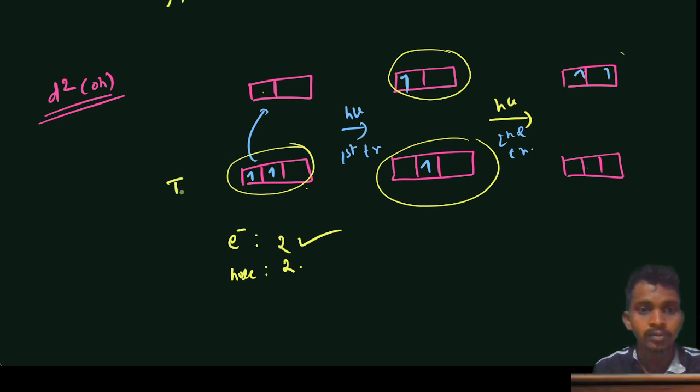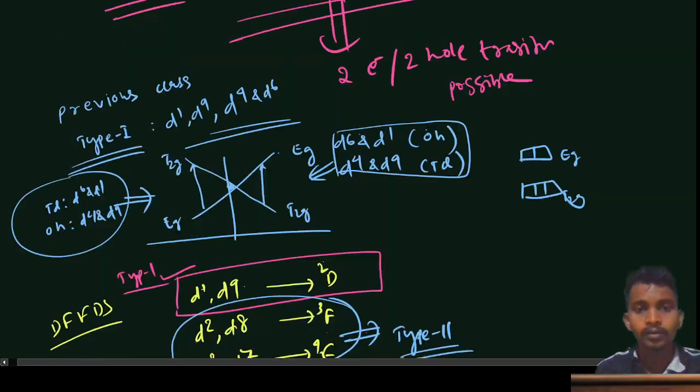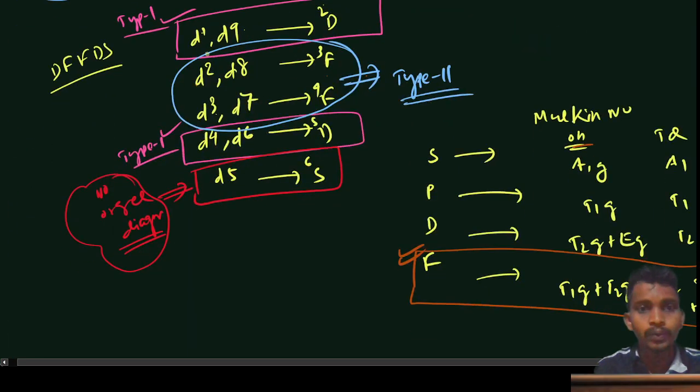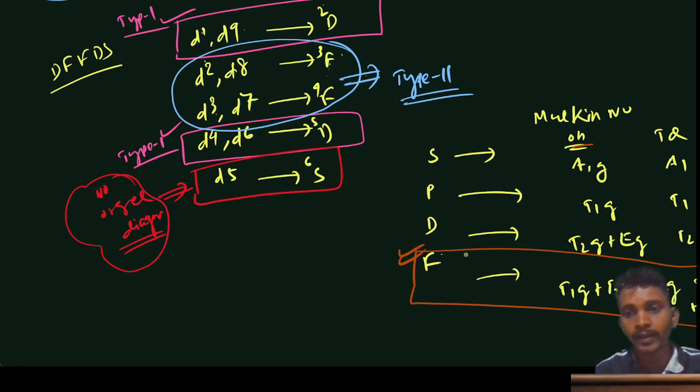So this D2 falls in F3. You see that D2 and D8 fall in that F3. Okay, we have seen that for D2 and D8 the spectroscopic term is F3, and this F gives T2G, T1G, and A2G.